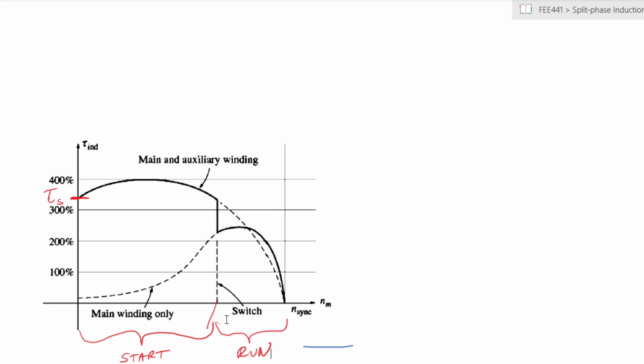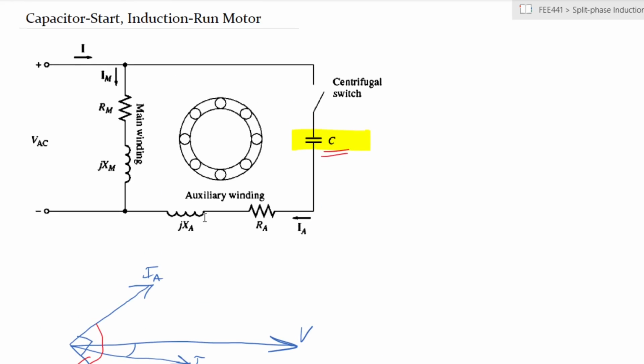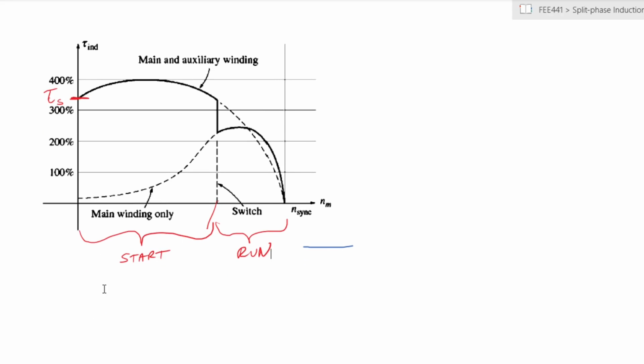Okay, so this is why we call this particular circuit the capacitor start and induction run, because you use the capacitor in the auxiliary winding at the beginning to create that starting torque, a very high starting torque that you can make use of to start it.